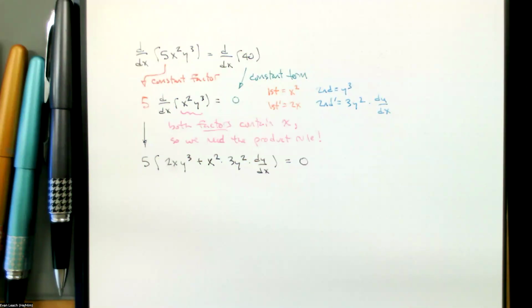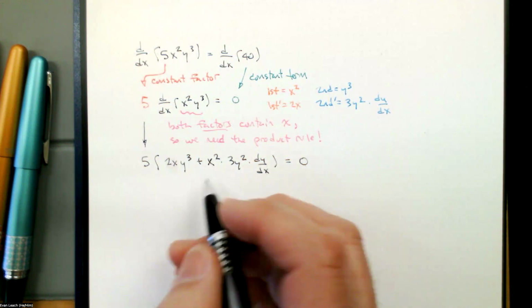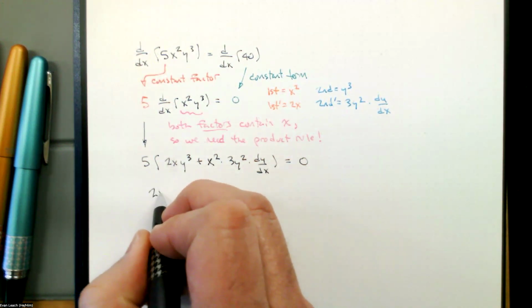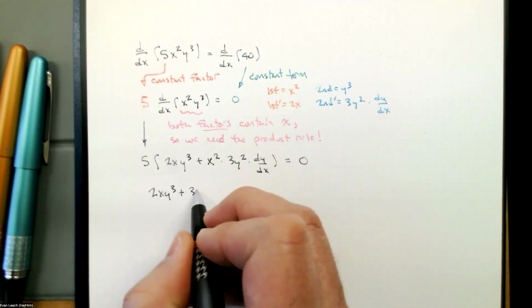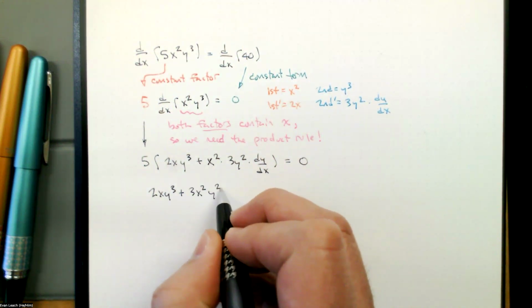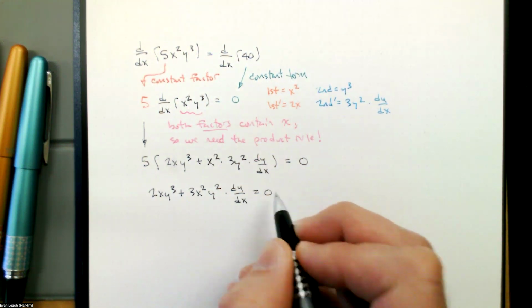The thing that we are looking for is dy dx. So that's what we're going to solve for. First, I'm going to divide both sides by 5 to get rid of that. And I've got 2x y cubed plus 3 x squared y squared times dy dx equals 0.